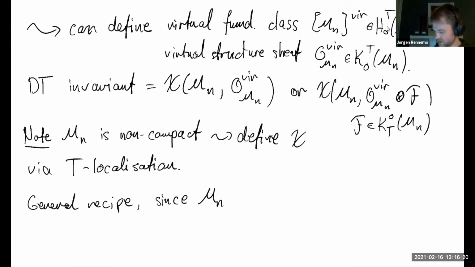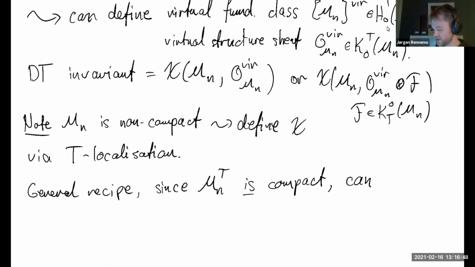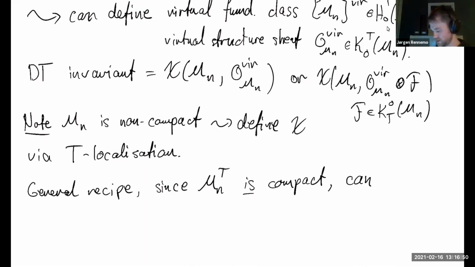Since the T fixed locus is compact, and I'll say a little bit more about this shortly, there's just a general technique, applicable in any setting, for defining this chi operation, or the Euler characteristic, once you have a T-equivariant K-theory class.